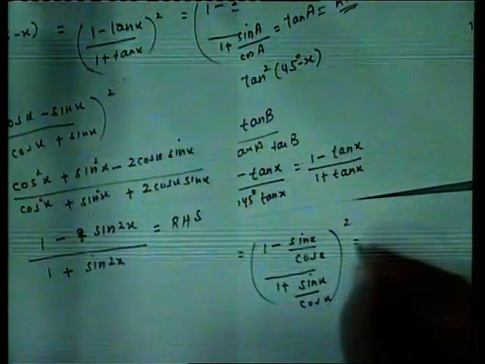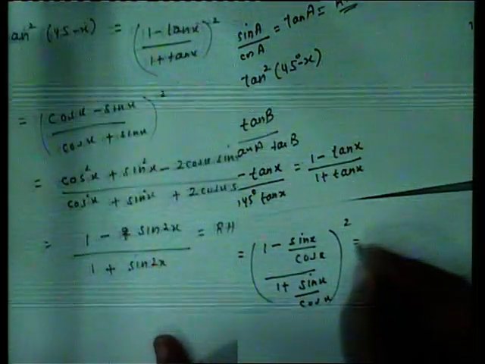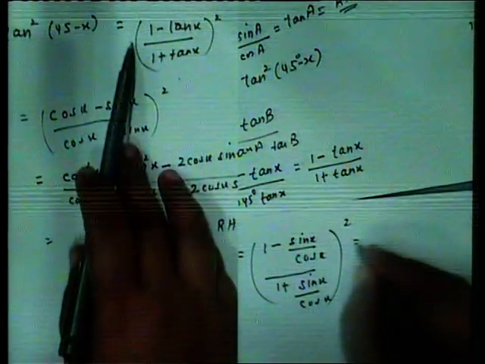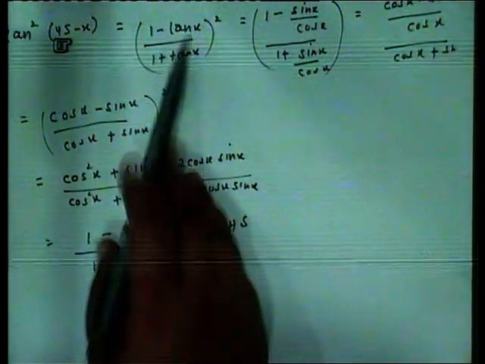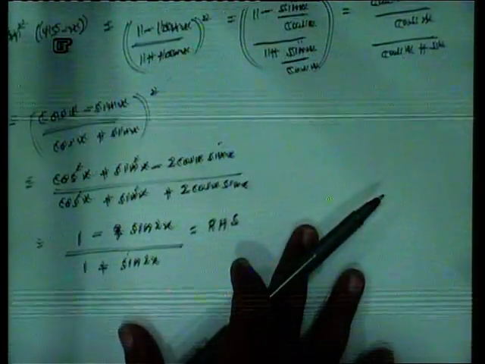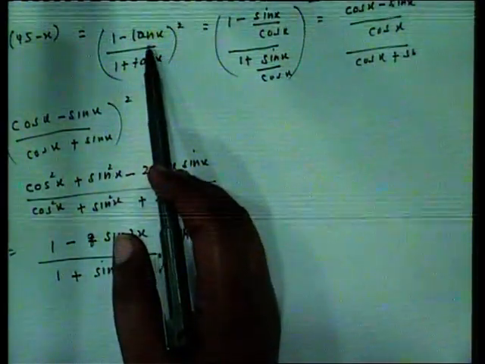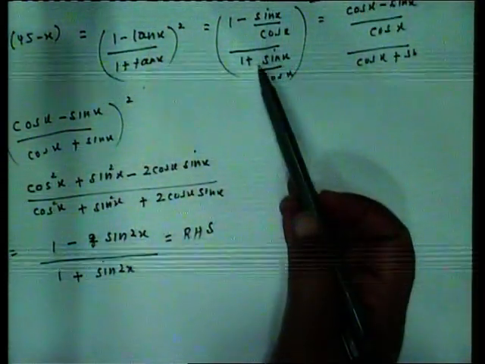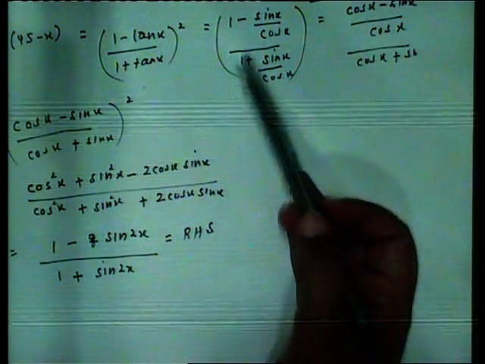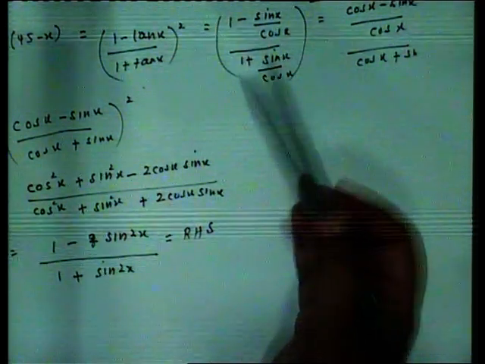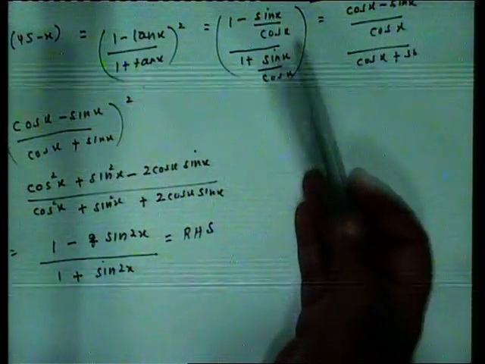Thus tan square (45 minus x) is equal to ((1 minus tan x) upon (1 plus tan x)) whole square. Writing tan x as sin x upon cos x, this becomes ((1 minus sin x upon cos x) upon (1 plus sin x upon cos x)) whole square.